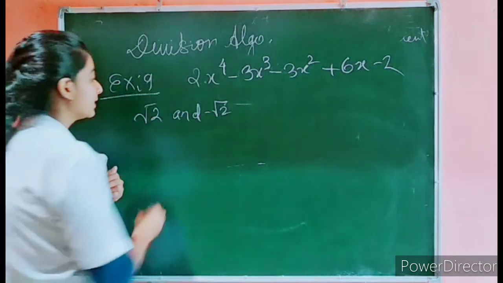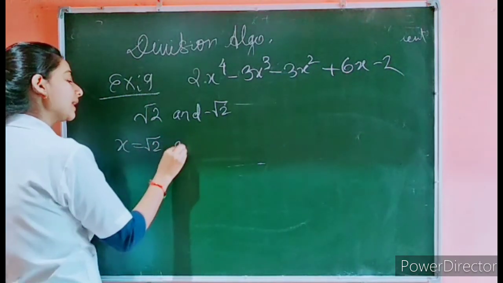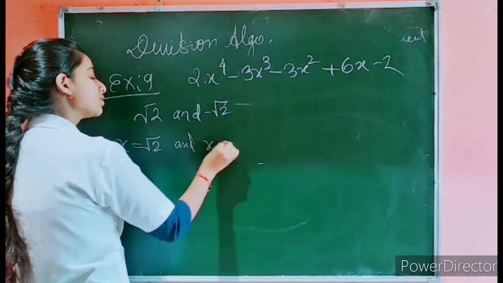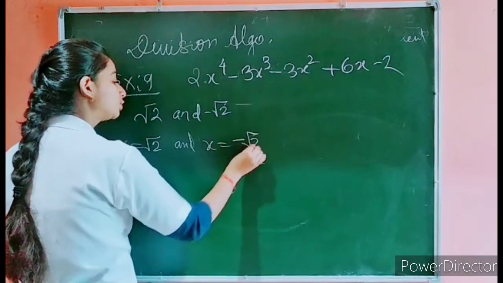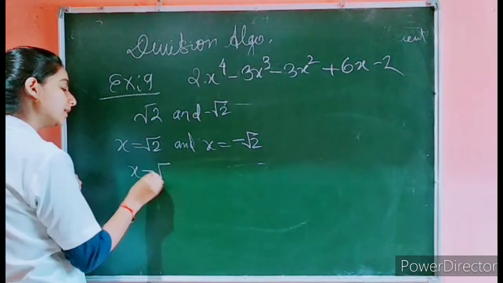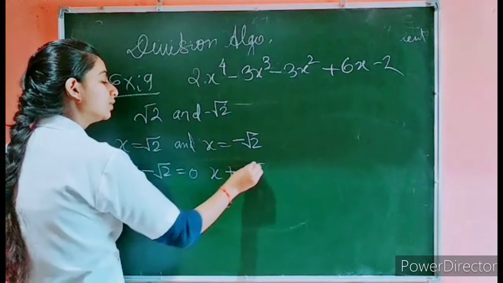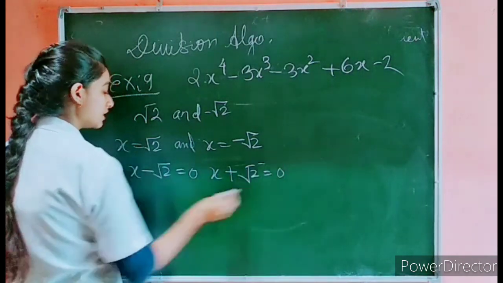If we take x is equal to root 2 and x is equal to minus root 2, we get x minus root 2 is equal to 0, x plus root 2 is equal to 0.